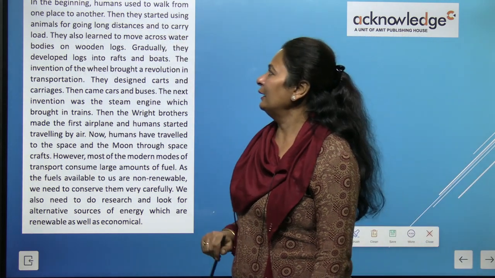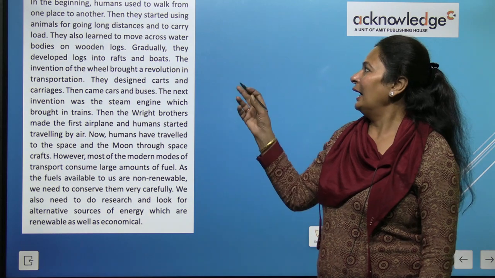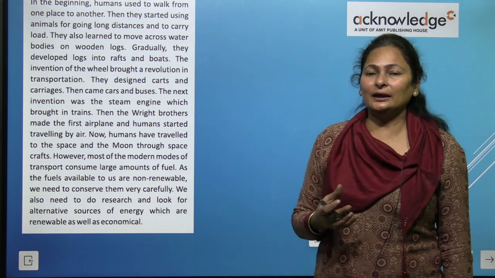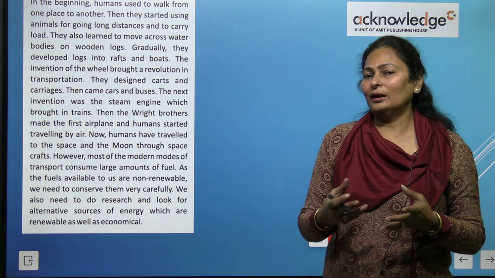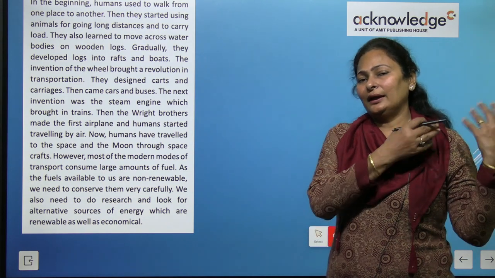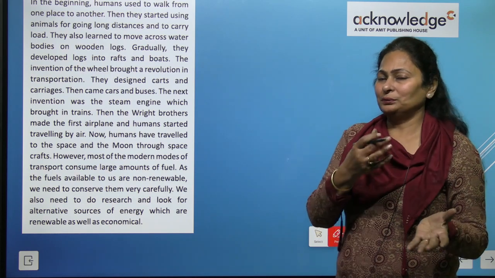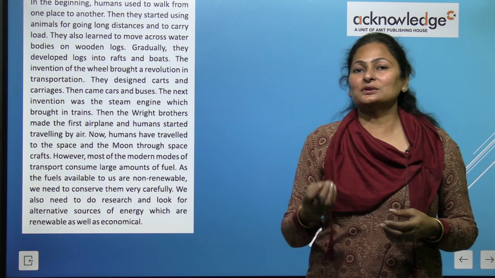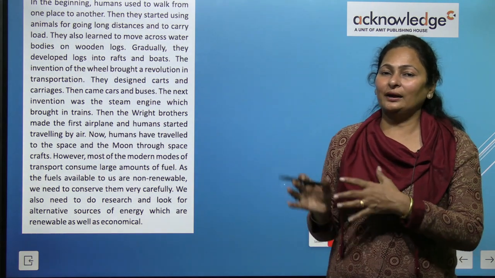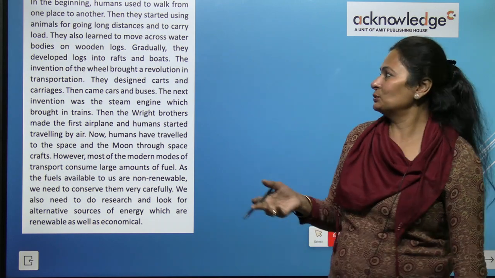Then they started using animals for going long distances and to carry loads. The early men used to walk from one place to another and carry loads on their shoulders, and later on we started using animals to carry us and our loads from one place to another.